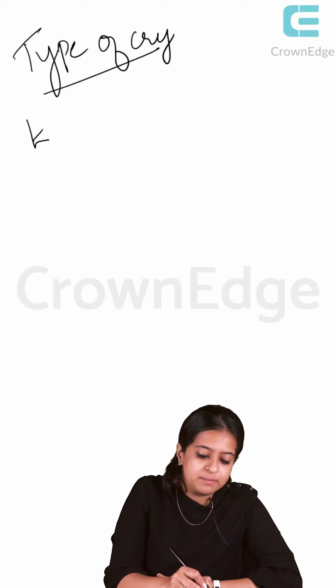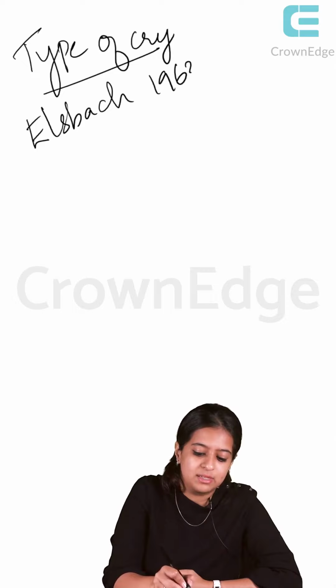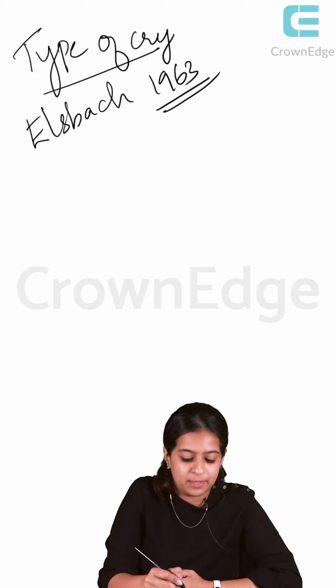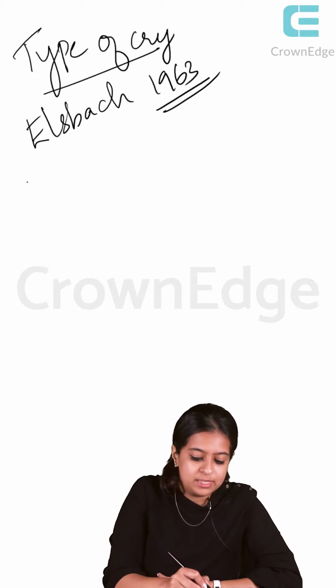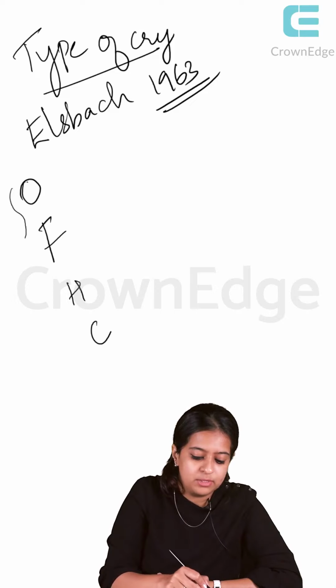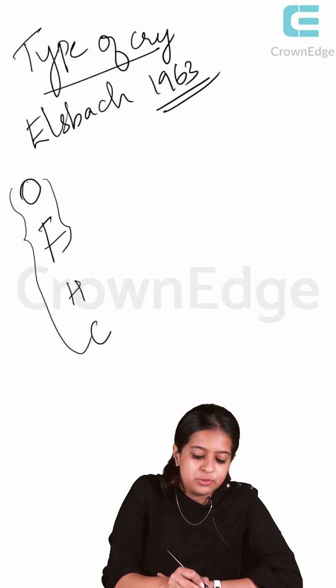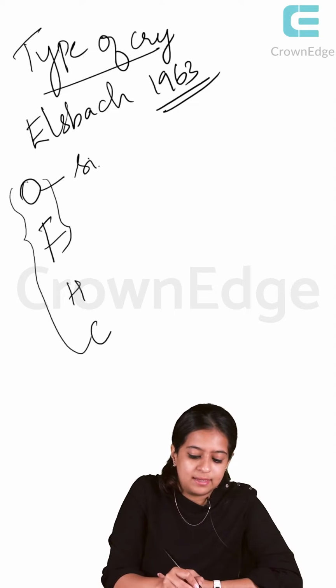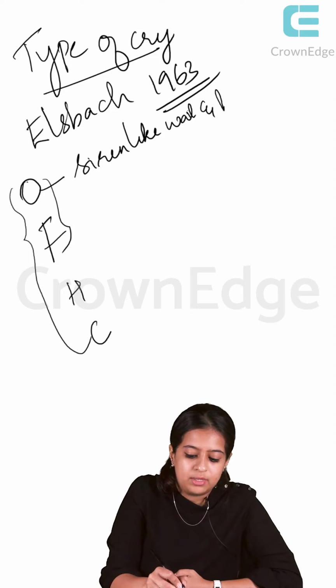A person by the name Elsbach, E-L-S-B-A-C-H, gave the types of cry in the year 1963. He classified them as obstinate cry, frightened cry, hurt cry and compensatory cry. You can remember it as OFHC. Obstinate cry will have a siren-like wail, and they show temper tantrums.